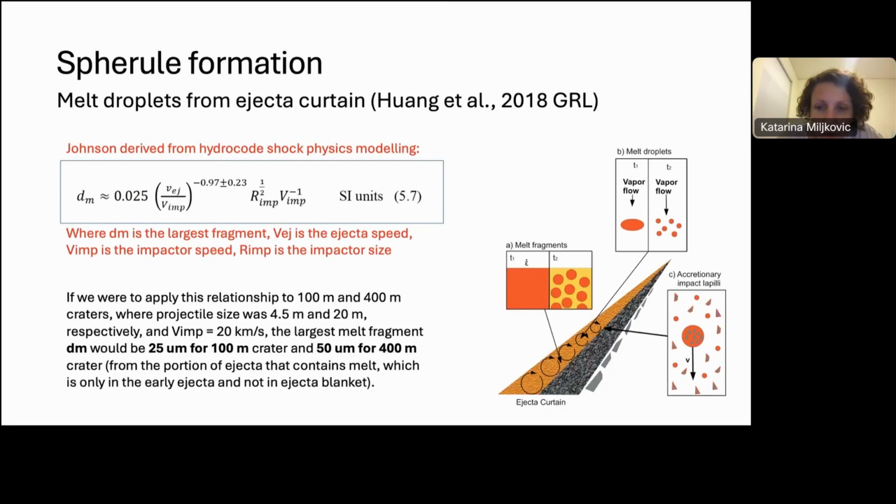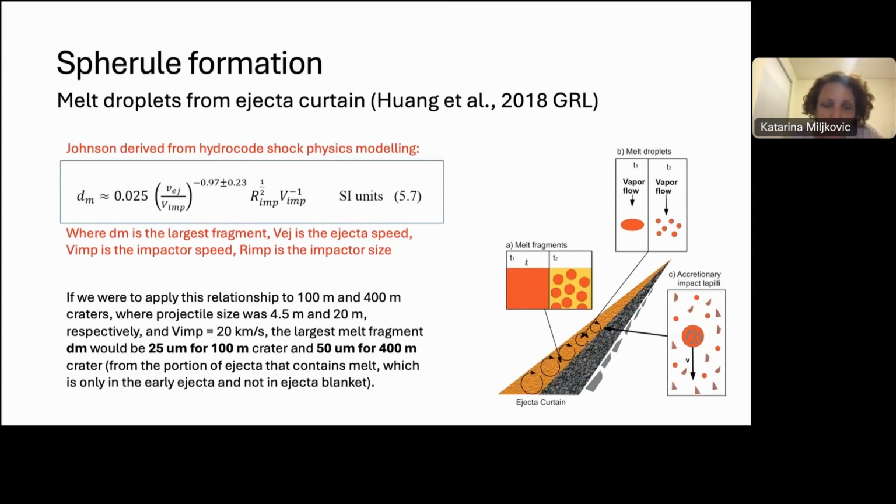So in terms of theory, we know that spherules can form in a couple of different ways, and the one that was more appropriate here is that it's forming out of melt droplets from the ejecta curtain, and the size of those melt droplets is related to the size of the impact and the speed of the ejecta.